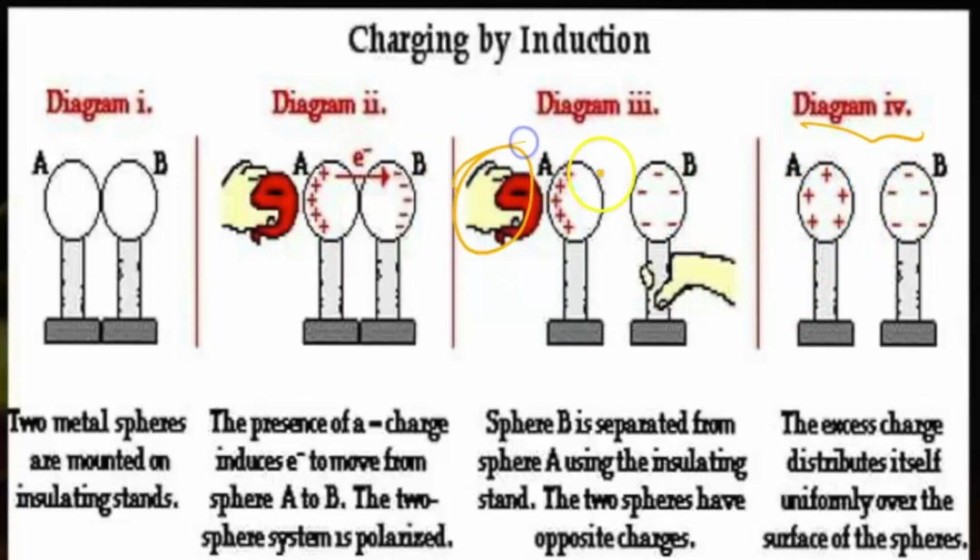Just isolate both spheres, and we get a positive charge and a negative charge. The excess charge distributes itself throughout each sphere. So by this process you can get one positive and one negative charge at the same time.